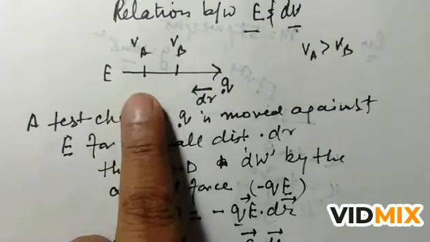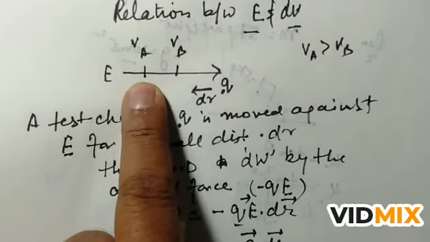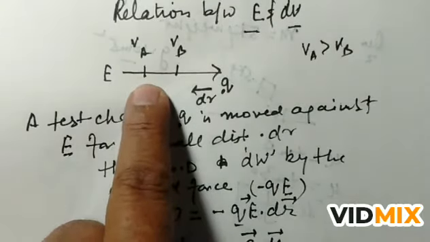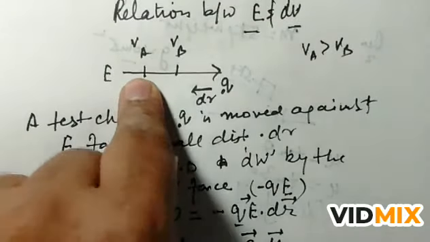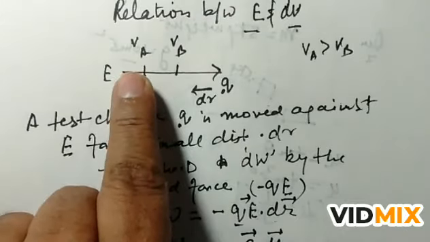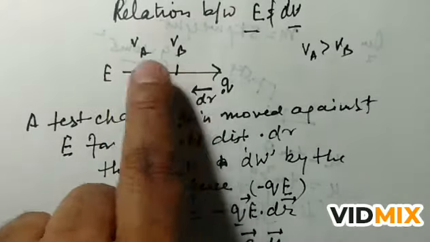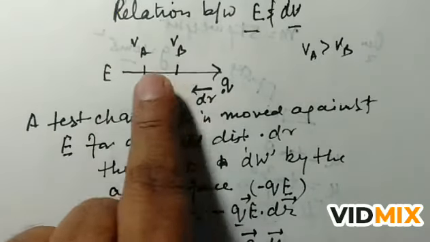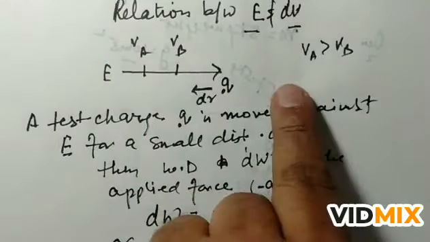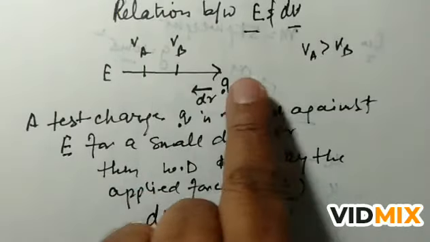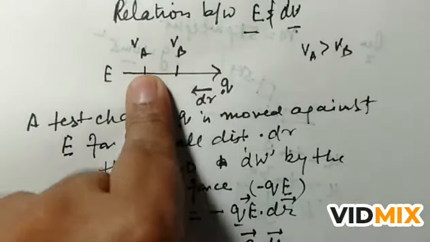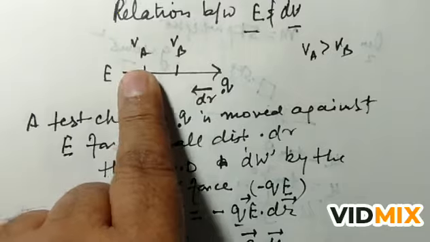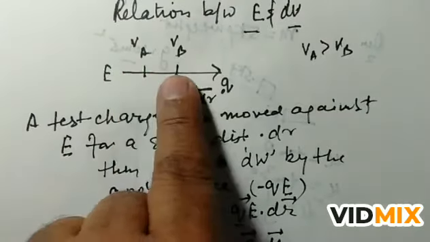If a charge Q is kept here and is free to move, then it will move from A to B, from higher to lower potential, always.